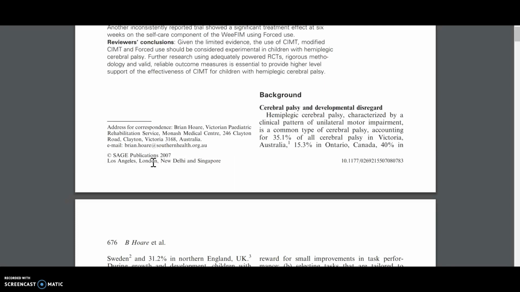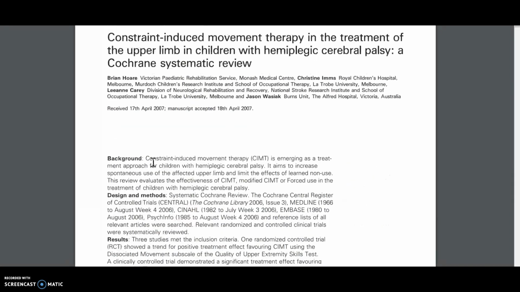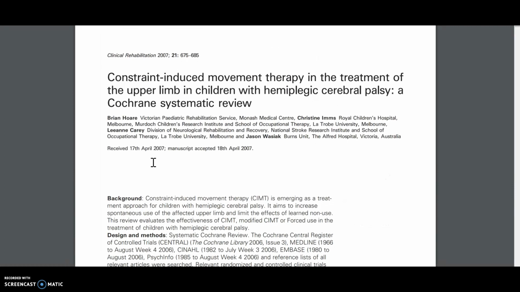Within this systematic review, clearly they've picked a specific question, and they found multiple articles that support that question to determine their answer about whatever it is they're looking at. In this case, it's cerebral palsy and constraint-induced movement.